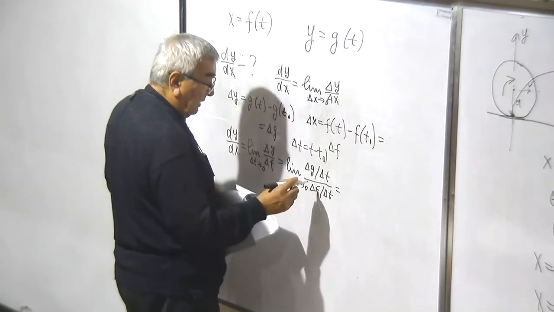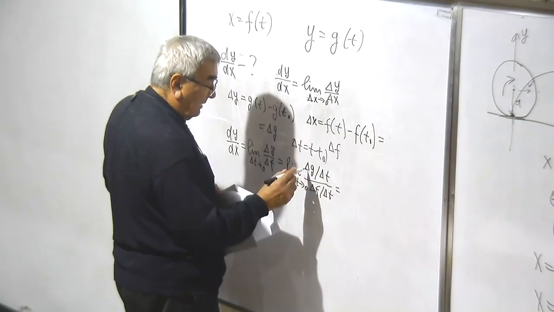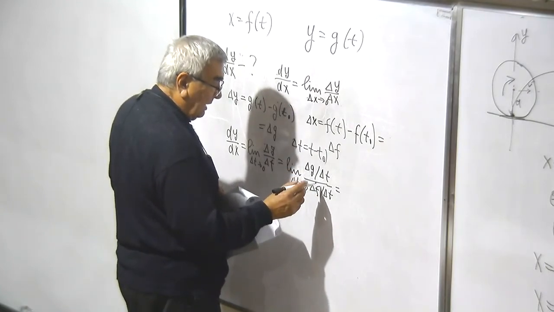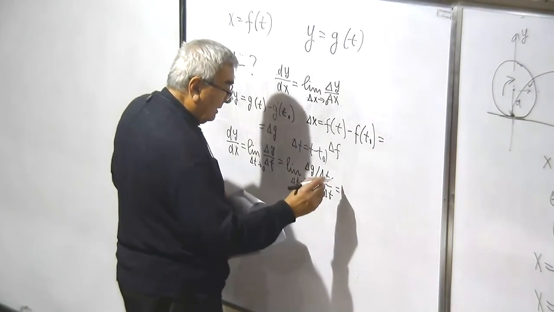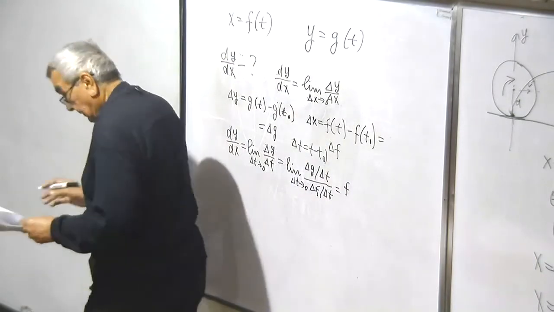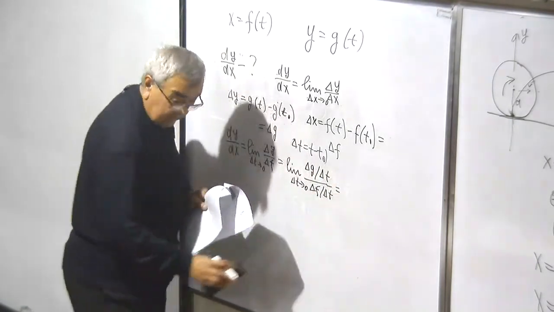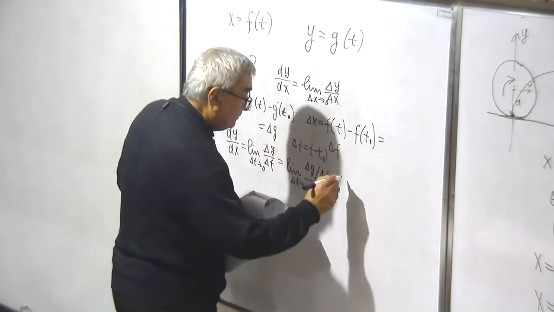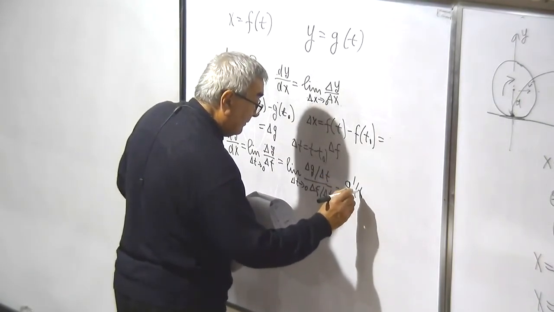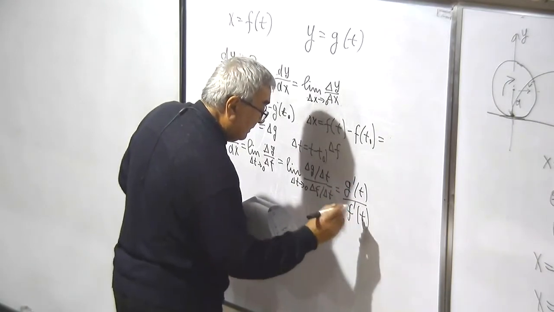Using the property of limits, this gives us the derivative of g and the derivative of f relative to t. That means we receive g prime(t) over f prime(t).